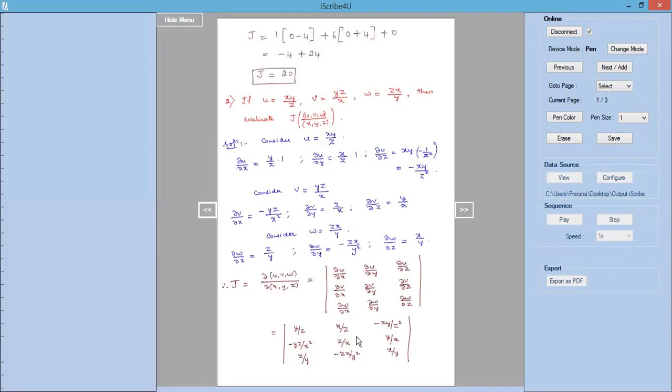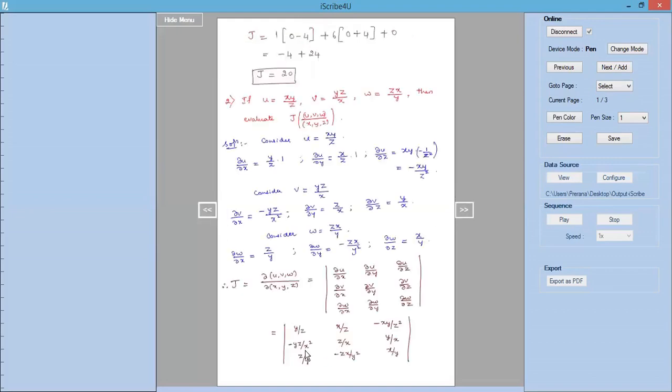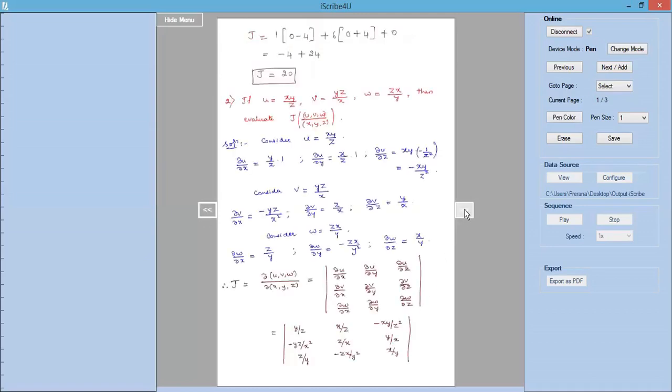So yz, xz, minus xy. Similarly, second row, when I take 1 by x square common, minus yz, zx, yx. We have minus yz, xz, xy.